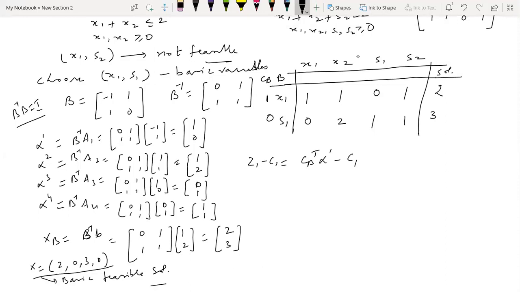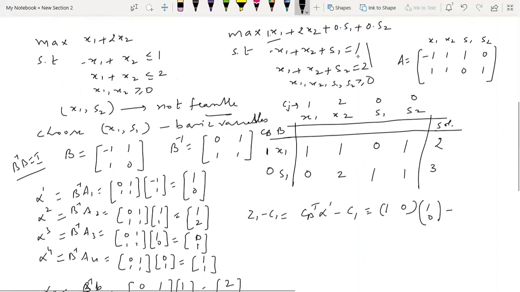I am using alpha just for the sake of notation. So what is cb transpose? Cb transpose is 1, 0, multiplied with alpha 1, minus c1. Let us write cj here. So cj is 1, 2, 0, 0. These are the cost coefficients of each variable.